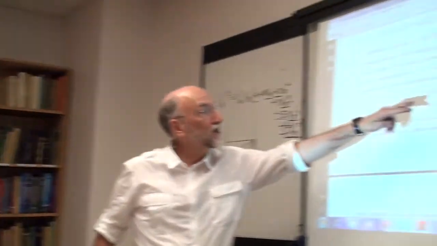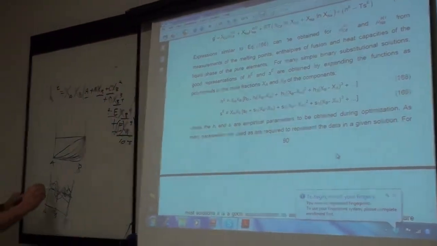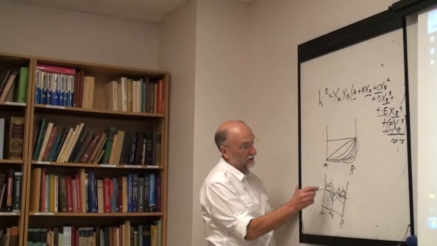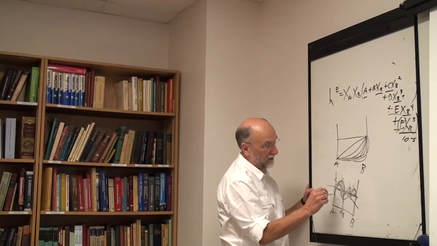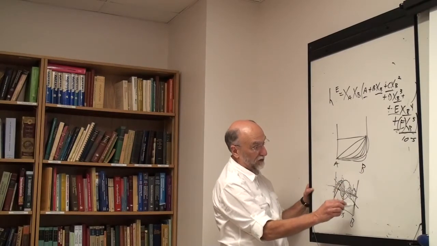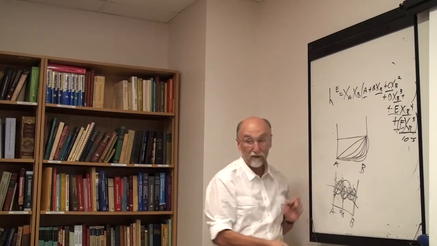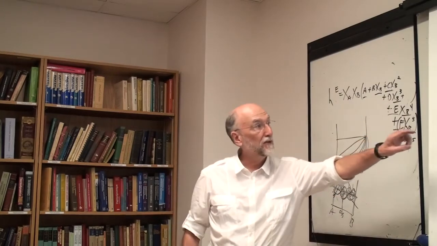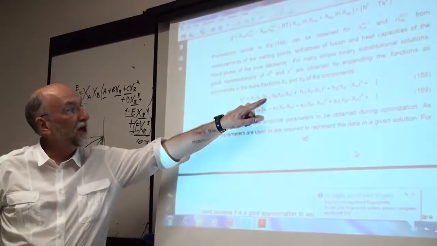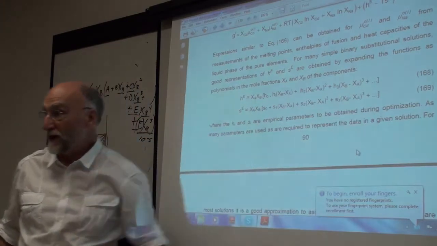Just draw up these functions, xb minus xa, xb minus xa squared, and so on, and you will find that they look a little bit like sine functions. The quadratic term would look like that. The cubic term has 2 humps in it, the quartic term has 4 humps in it, and so on. So this is your constant character, this is your linear character, your quadratic character, your cubic character.